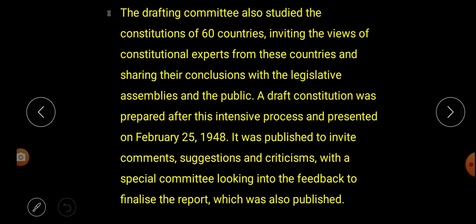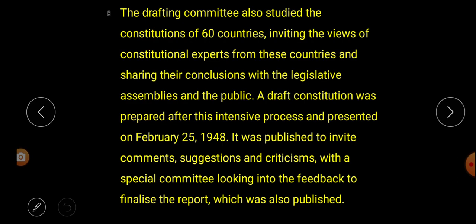So in this paragraph it is said that the constitution making committee studied the constitutions of 60 countries. They also invited experts to give their opinions and suggestions for making the Indian constitution.